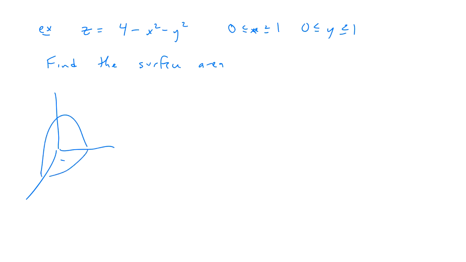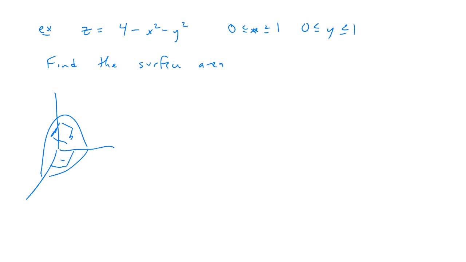So here's the general paraboloid, but we're looking at just the unit square and whatever that piece of it looks like on the paraboloid above that little unit square. So I can't draw very well, but it's part of the paraboloid. If we wanted to get the whole surface area above the xy plane, we would say that x squared plus y squared is less than or equal to 4. And then we'd probably use cylindrical coordinates.